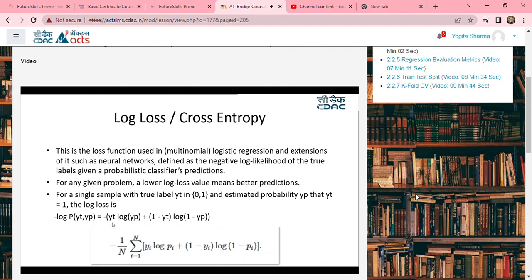Hence in many textbooks we see a minus 1 multiplied to this formula, in the sense that we want to show it as a positive figure. Whether we show it as a positive or a negative figure, more important is that the closer that figure is to 0, the better the model.